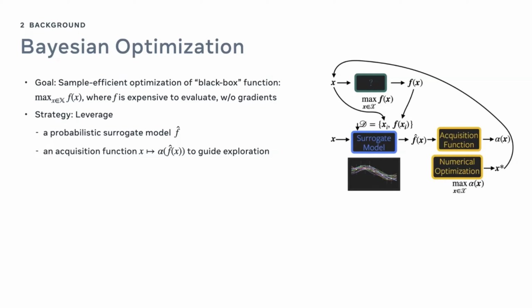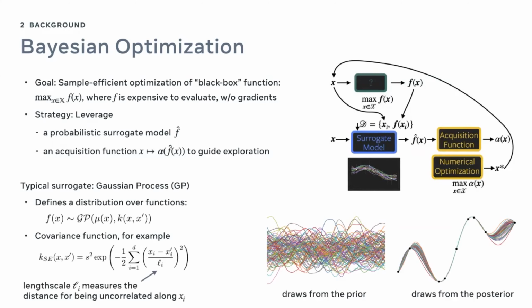The idea is you get observations, you build your surrogate model, you can now optimize your acquisition function cheaply using numerical optimization to generate new candidates x star, you feed those back to the actual evaluation of f and continue. So that's the basic idea, and it's an established method that many of you probably have seen.